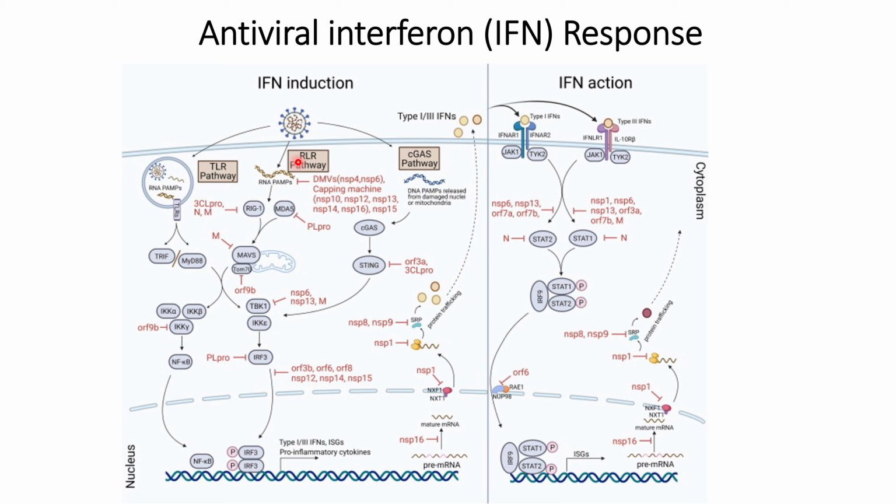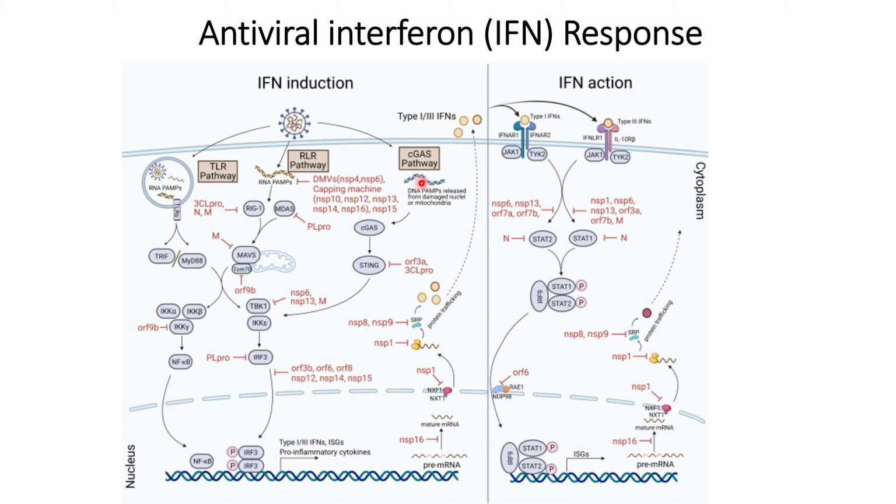In the RLR pathway, only the RNAs and the PAMPs that detect those foreign RNAs enter the cells, and through the RIG-I pathway it moves to the MAVS pathway, and then it triggers IRF3. IRF3 then goes inside the nucleus, and the phosphorylation of IRF3 triggers the pro-inflammatory response.